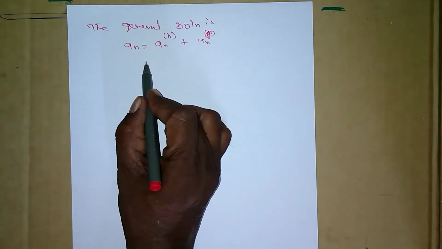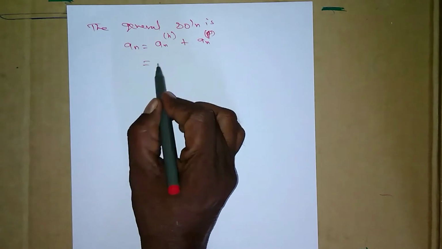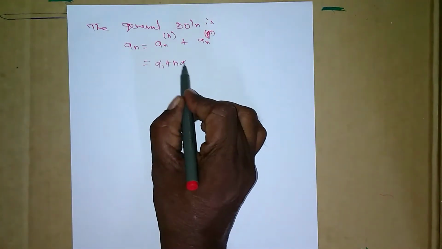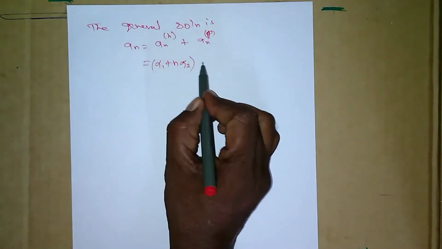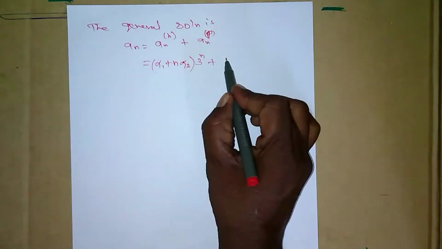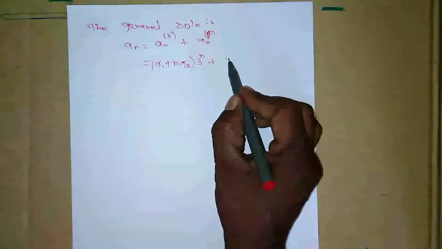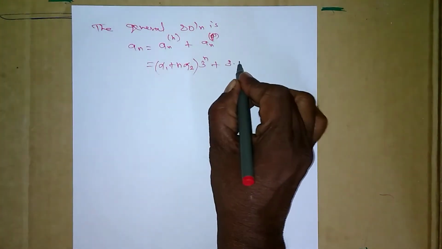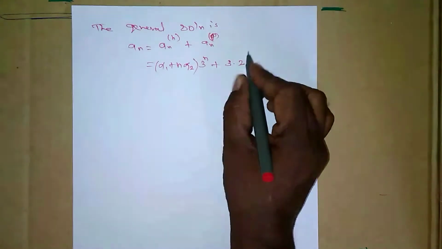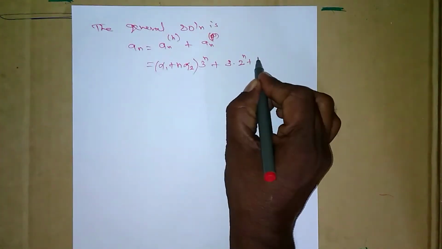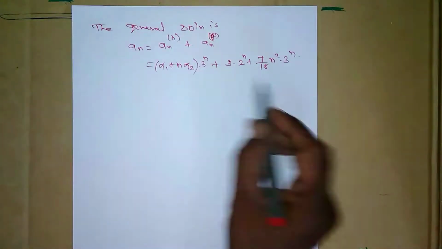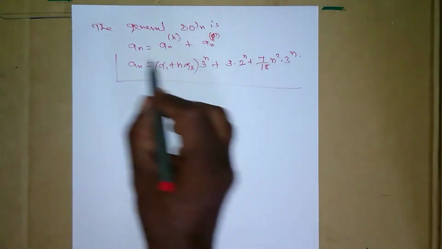Therefore, adding these two, we get the general solution: alpha 1 plus n into alpha 2 into 3 power n, plus 3 into 2 power n, plus 7 by 18 n square into 3 power n.